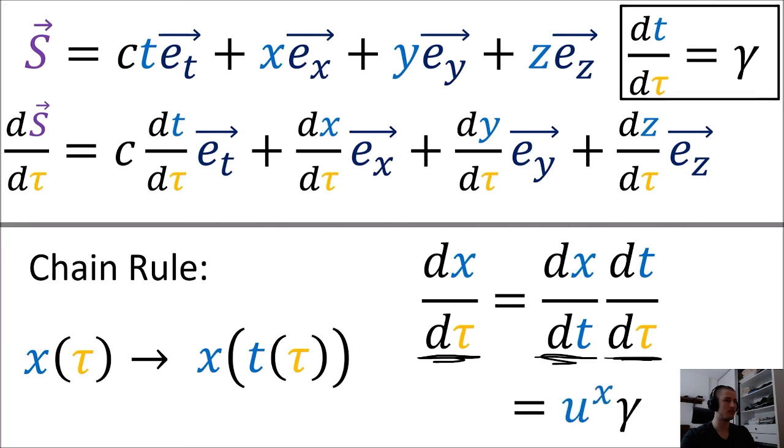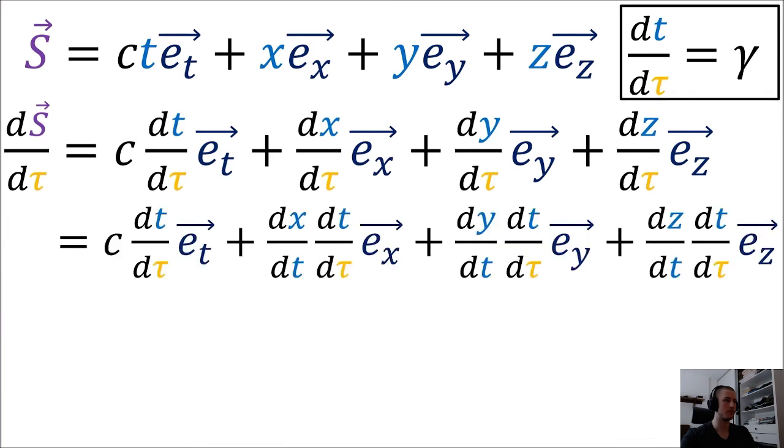Of course, dx by dt is just the familiar velocity in the x direction we know from non-relativistic Newtonian physics. I'll denote this velocity by small u with superscript x. And we already know from before that dt by d tau is just gamma. So the derivative of x with respect to proper time tau is just the ordinary x direction velocity times gamma.